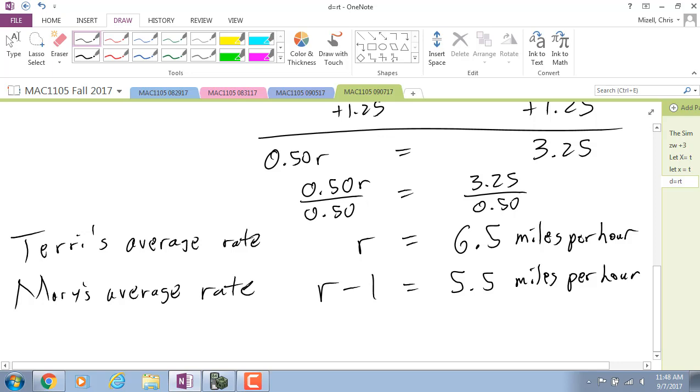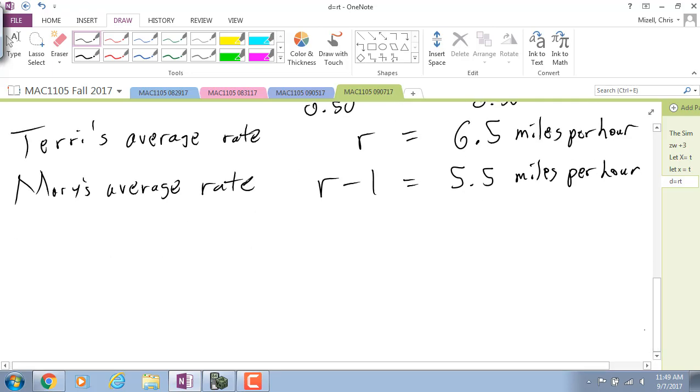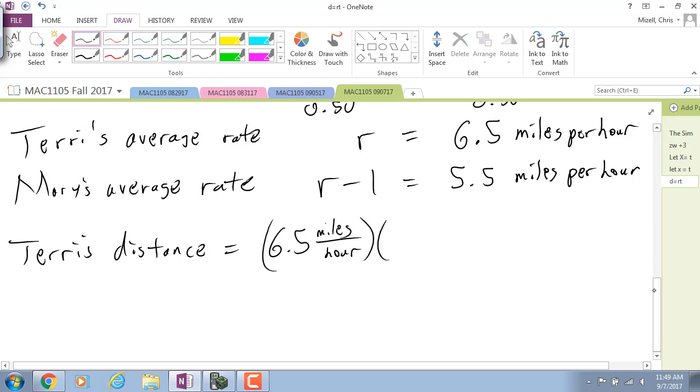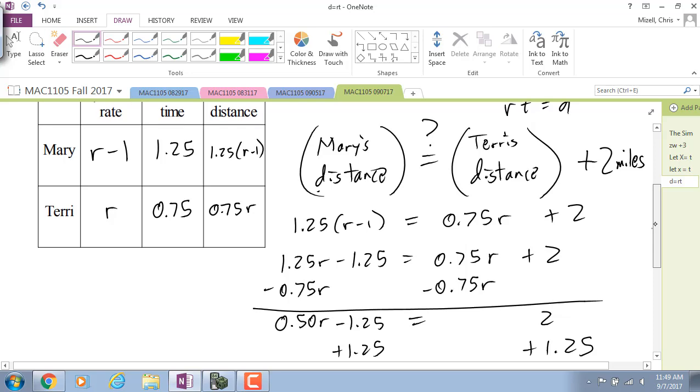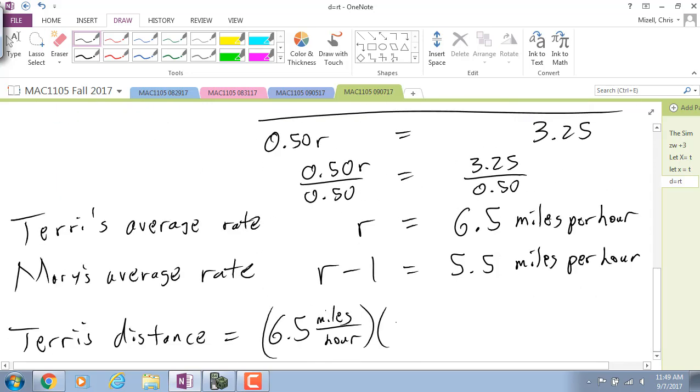We know how long each jogger jogged. So we should be able to calculate the distances that they jogged. So Terry's distance is going to be her rate times her time. 6.5 miles per hour times, it gave us the time, 0.75 hours.